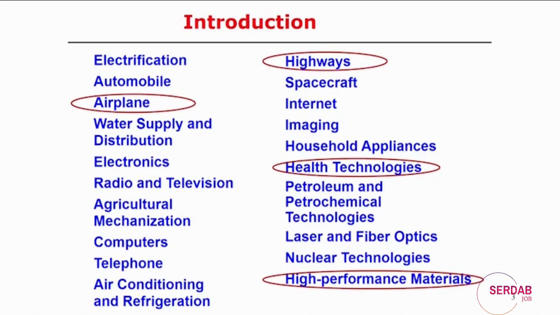Now, if you see, this technology is mostly used in the airplane or aerospace industry, highway, health technologies, spacecraft, and recently different welding processes have been developed looking into the application of high performance materials. So, it covers almost all sectors.